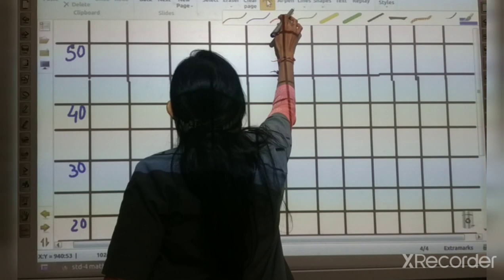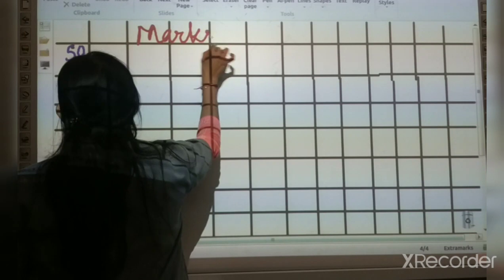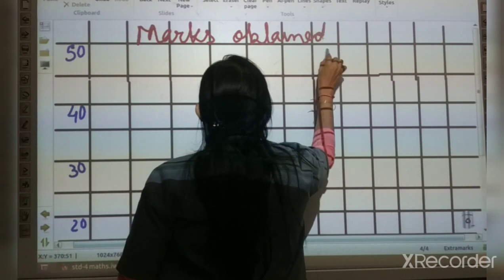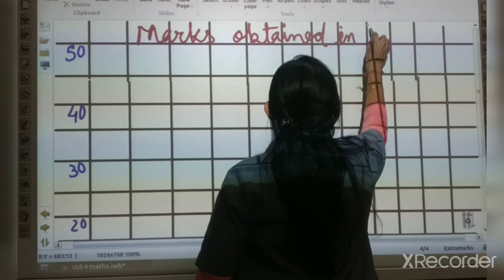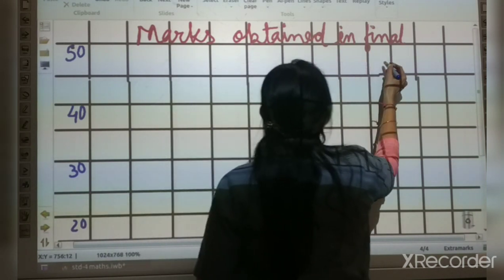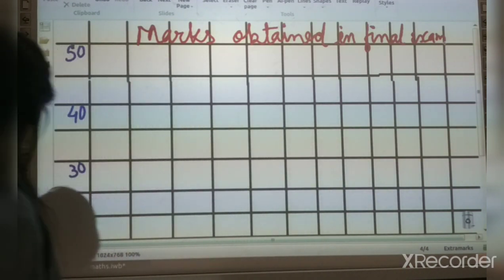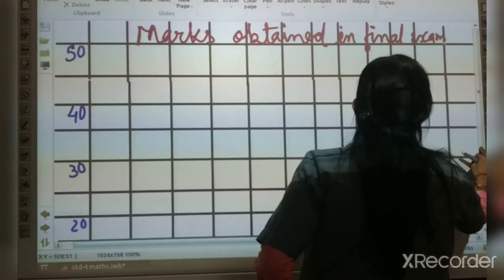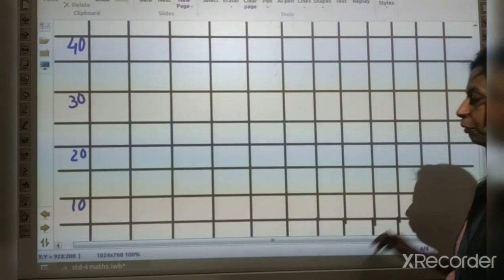So first you write the title: marks obtained in final exam. Now Tina got 45 marks.